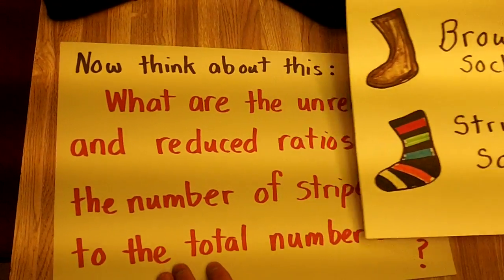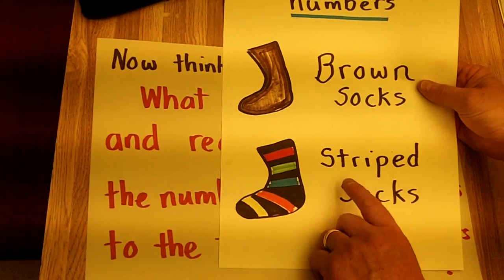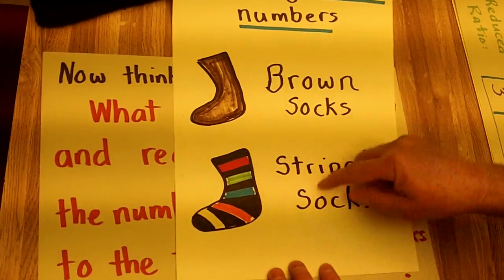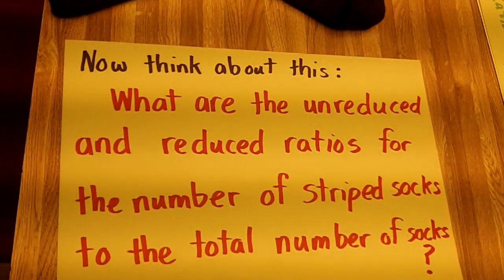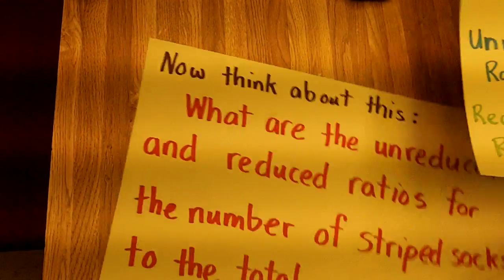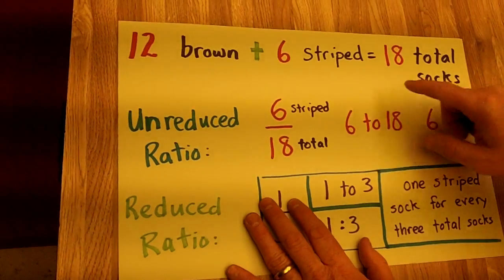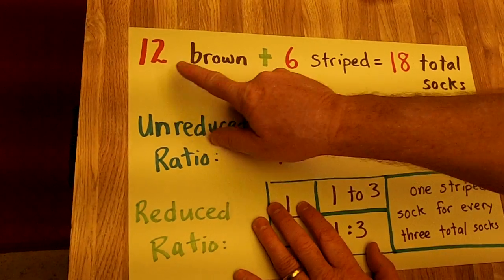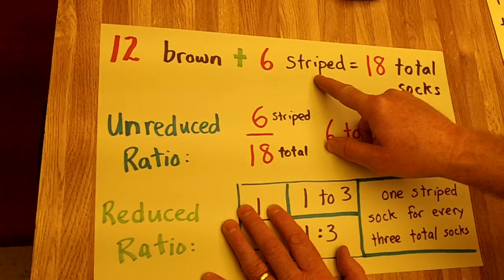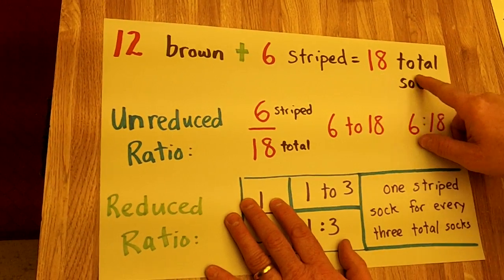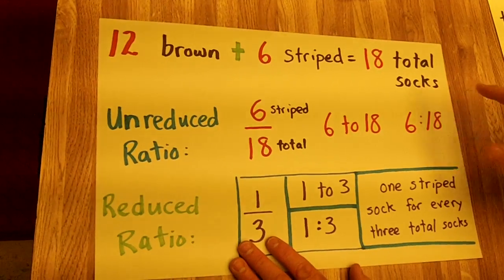But now we're going to compare striped to the total amount of socks. So first we need to find out what our total amount of socks is. So we take 12 brown plus 6 striped is equal to 18 total socks.